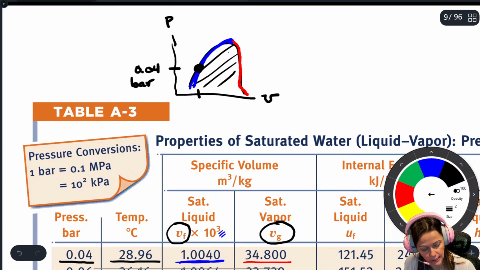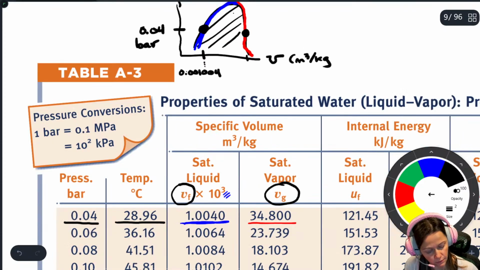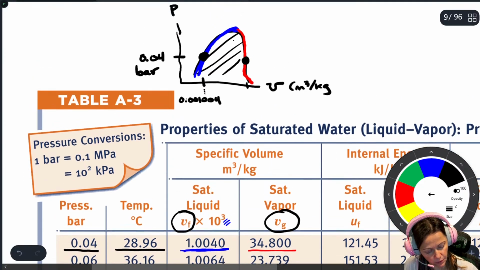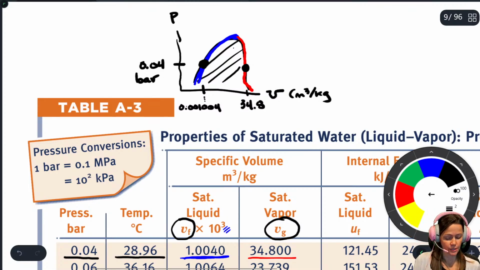Well, this is that V sub F value, 0.001004 meters cubed per kilogram. If it were a saturated vapor at 0.04 bar, then my specific volume would be that 34.8 number, meters cubed per kilogram. So just to give you a representation of that.